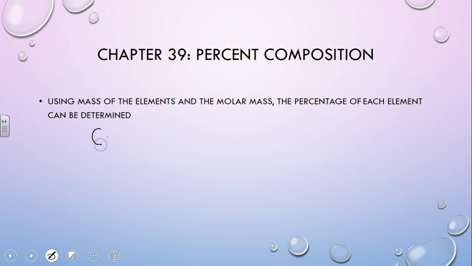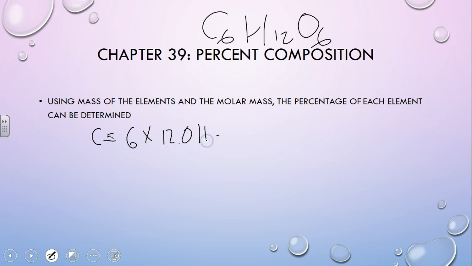So again, let's use sugar as our example. C6H12O6. For carbon, we have 6 times 12.011, and that is equal to 72.066. What I'm doing is trying to find the molar mass of this, but doing it with more space.